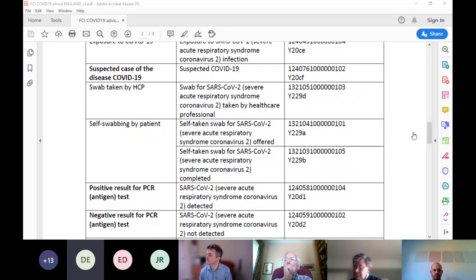We had a core template that was pretty closely based on the NEWS 2 objective assessment that we firstly had to convert into SNOMED, and secondly take on board what we knew about COVID and align it with the national COVID workflow.